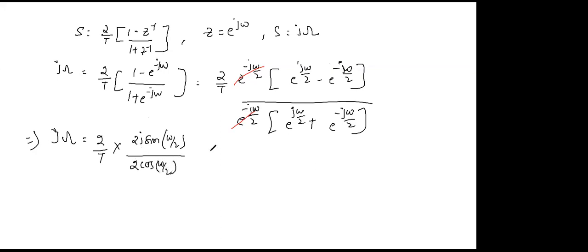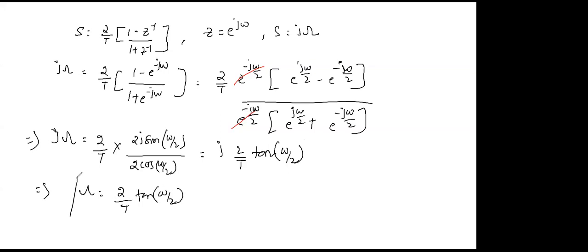Now again the 2 will cancel. Then what will we get? j 2 by T, sin by cos means it is tan of omega by 2. So finally what did you get? You got capital omega equals 2 by T tan of small omega by 2.